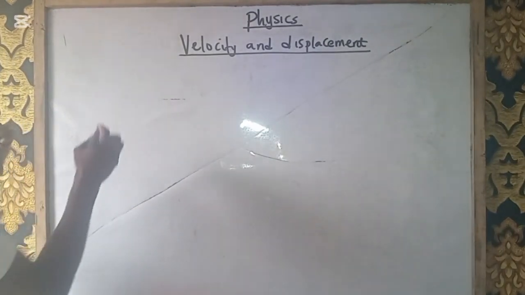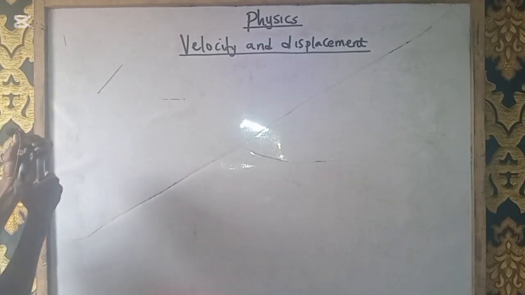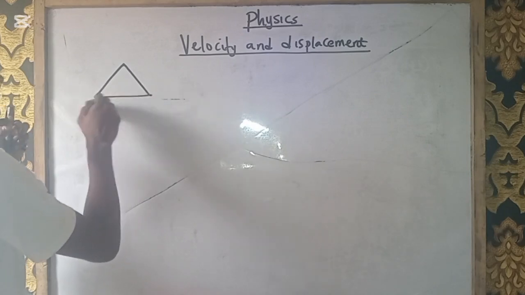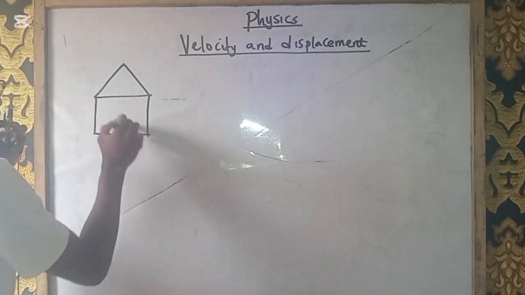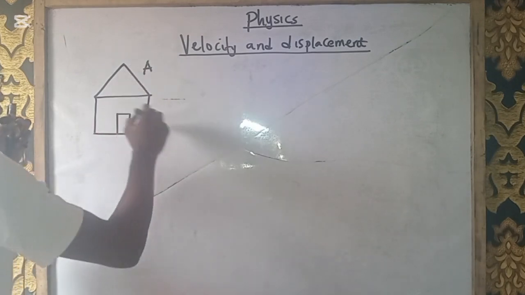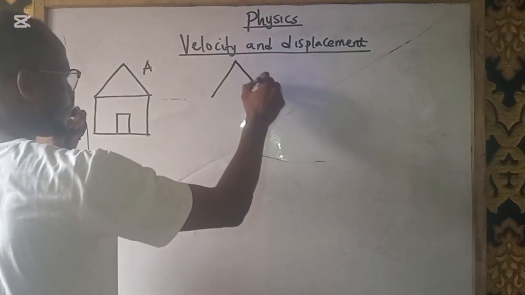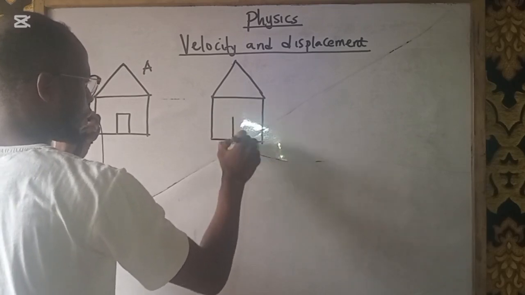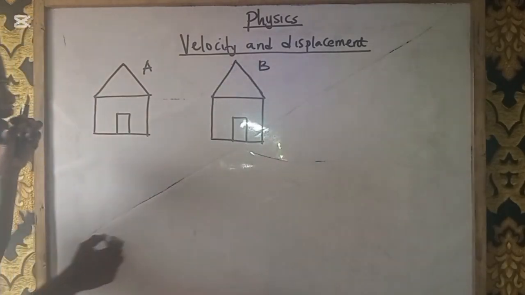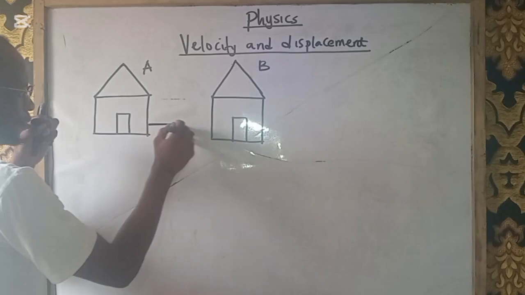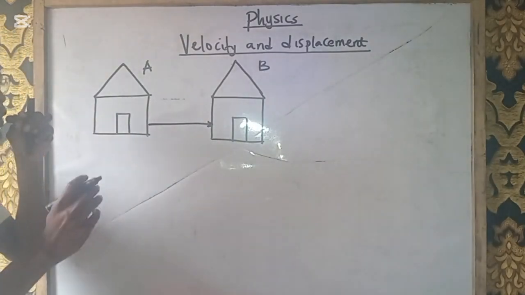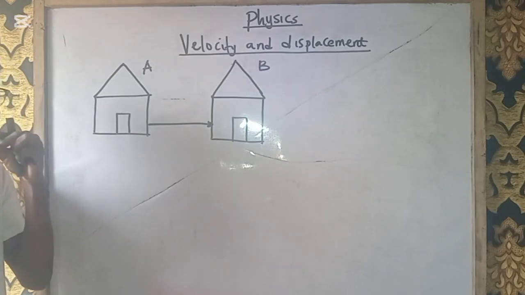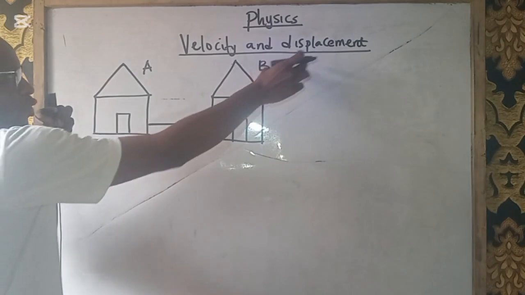Suppose I have a house A, and I have another house here, and I call it house B. If I move straight from house A to house B, the shortest distance from A to B is referred to as displacement.